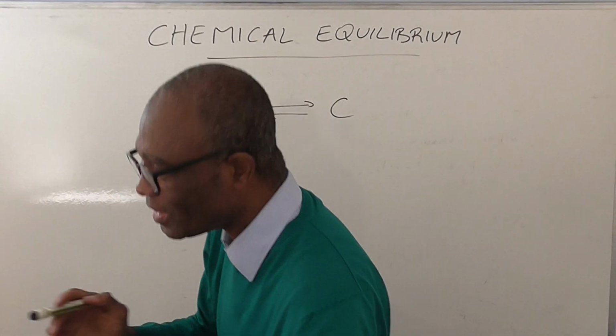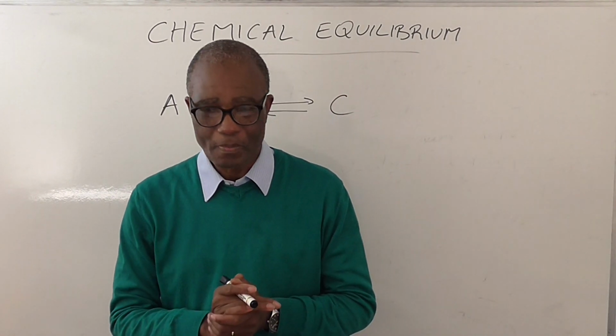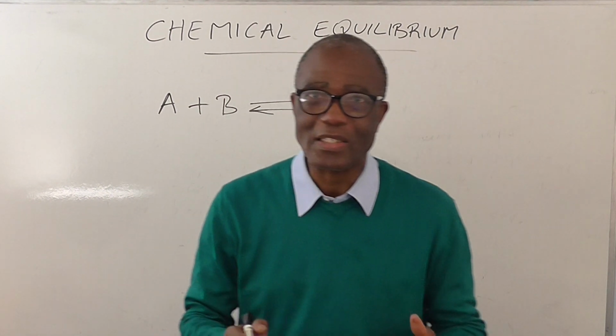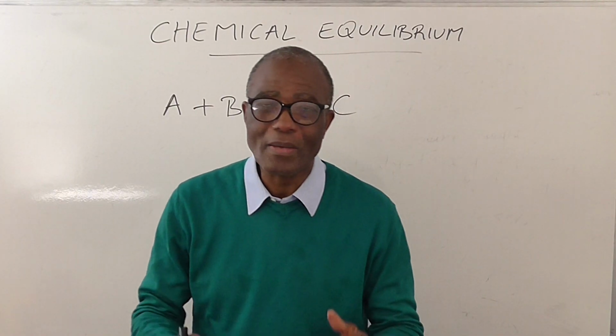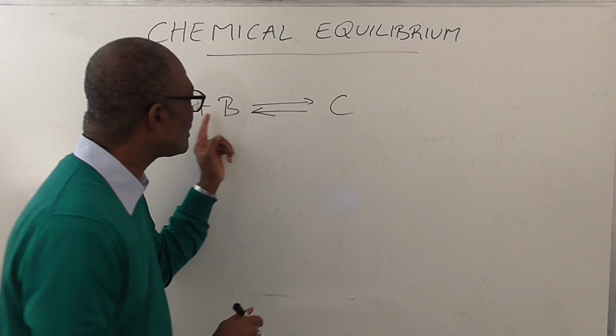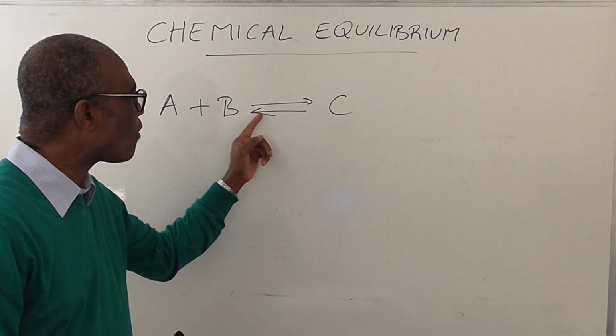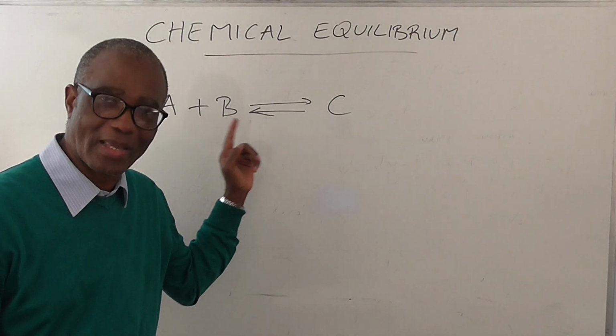But what is the definition of chemical equilibrium? It is a state of dynamic balance where the rate of the forward reaction is equal to the rate of the backward reaction.